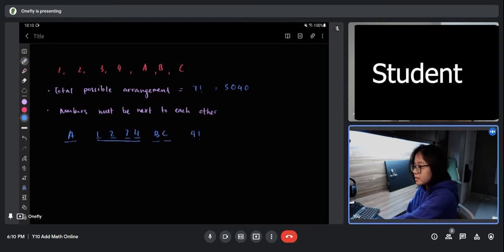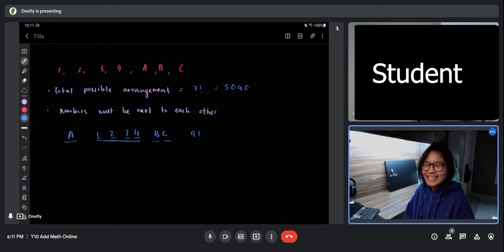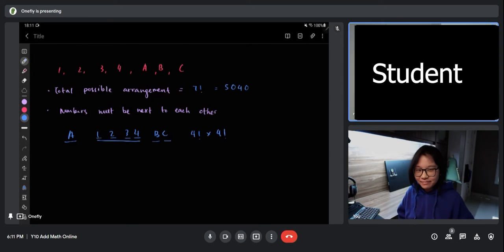You can do 4P something also, but then 4P what? 4P4, which is also 4 factorial, actually.